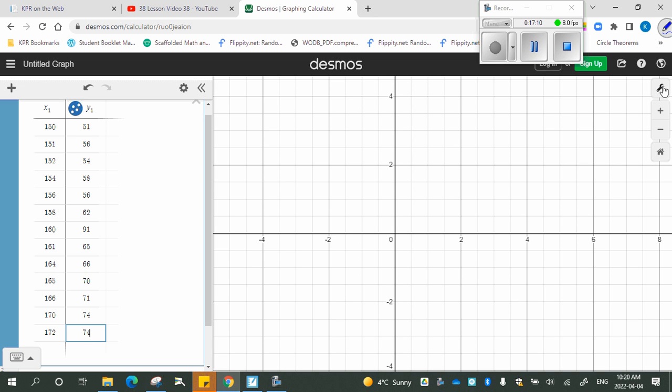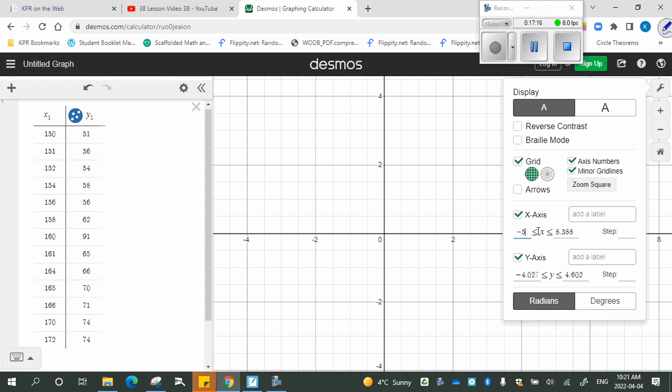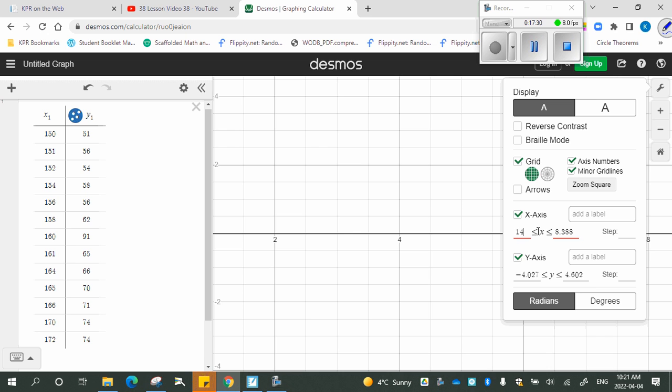So you go to the window. And what's the smallest x value we have? No, look at our list. 150. Right there, smallest x value we have, 150. So maybe I'll do 140. And what's the biggest x value we have?